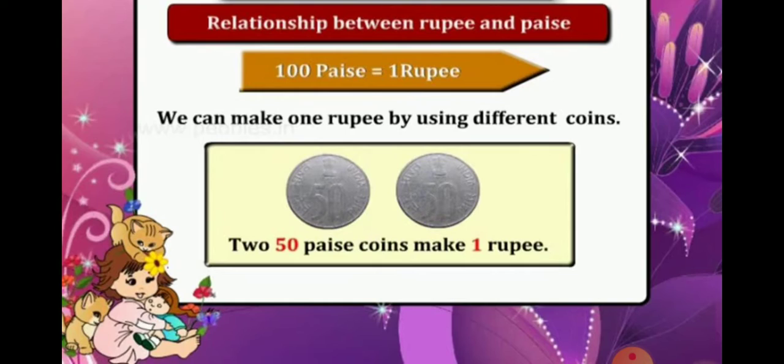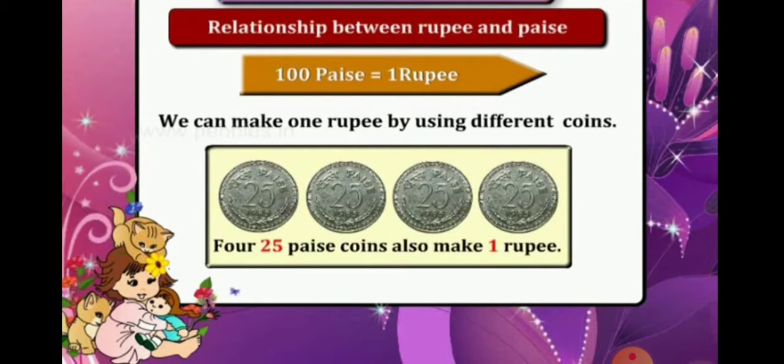Relationship between rupee and paise. 100 paise is equal to 1 rupee. We can make 1 rupee by using different coins. Here you can see there are two 50 paise coins. So when we take them together, then two 50 paise coins will make 1 rupee.